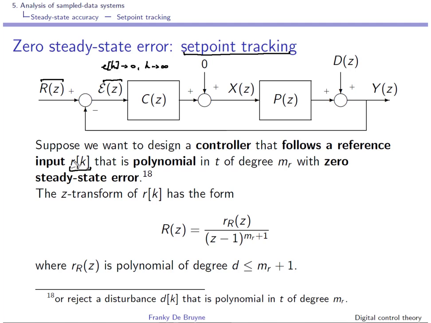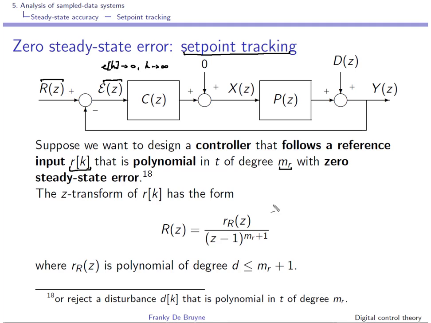So we want to follow a reference signal R(k) that is a polynomial of degree m_R with 0 steady state error. What does this mean? If the degree is 0, we want to be able to follow a step signal. If m_R is equal to 1, we want to be able to follow a ramp, and so on. Equivalently, for D(z), we want to reject a disturbance that is also polynomial in t of the same degree.